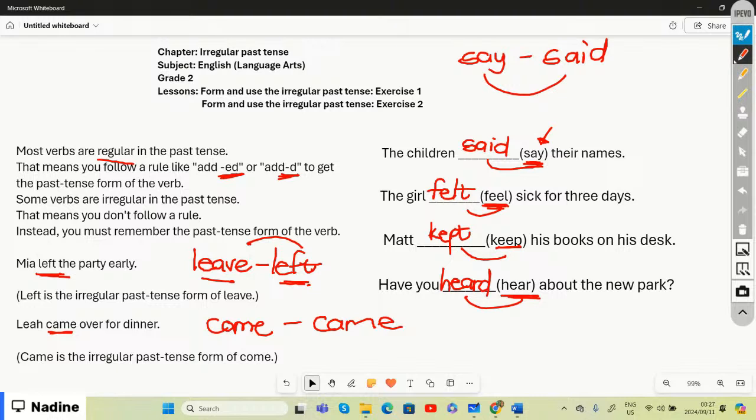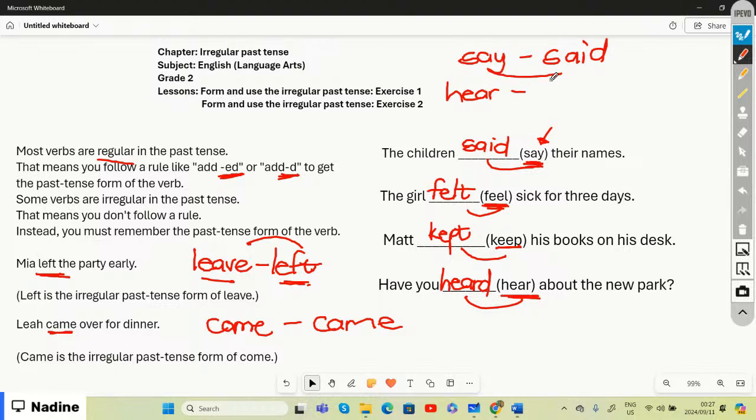So when it comes to the irregular past tense, we cannot follow any rules by saying, okay, just add a d, add an ed, remove something. No, the wording changes, right? Yes, the same like heard. I hear what Miss Nadine is saying.